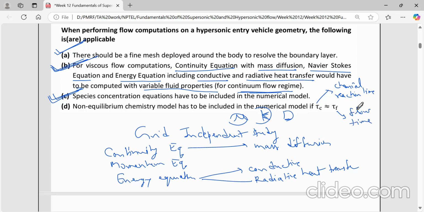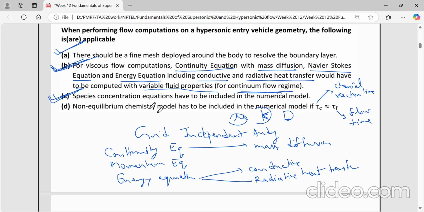When the chemical reaction time and flow time are of the same order, then the flow will be non-equilibrium. So if the flow is in non-equilibrium, then we have to include the non-equilibrium chemistry model. And what are the equations? One equation will be the vibrational rate equation, and the other will be the chemical rate equation.